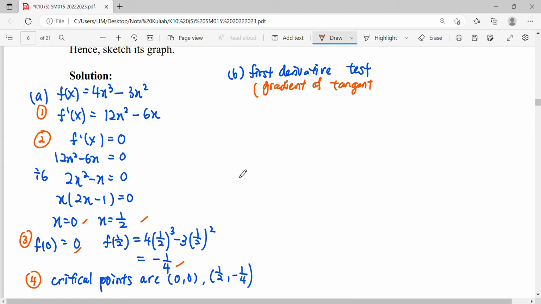Okay, so for the first derivative test, when you want to look at the gradient of the tangent, we need a table. So we draw out the table. The first column is your interval.